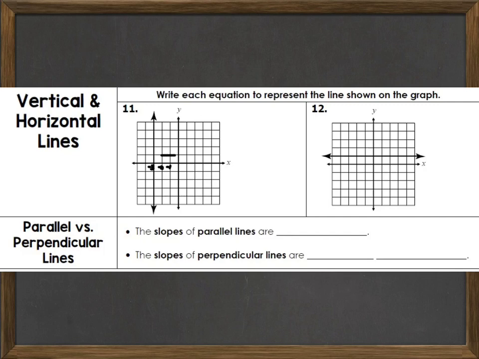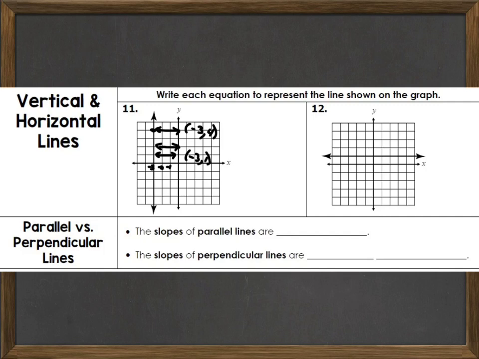And each of these, no matter where you go, no matter what your y value is, this point right here is negative 3, 1.